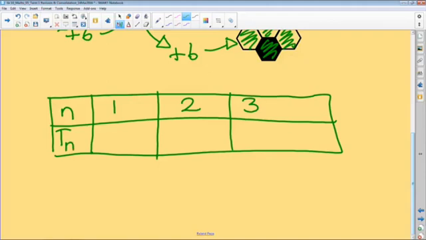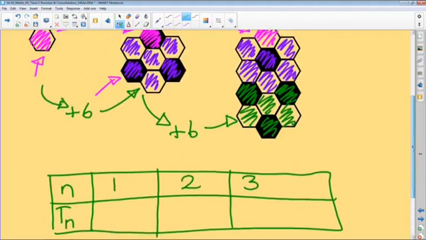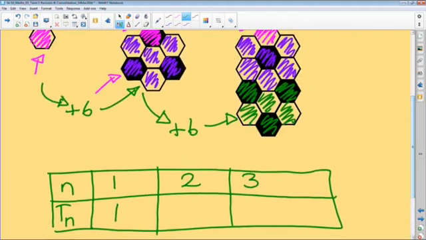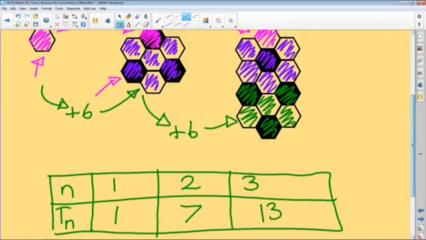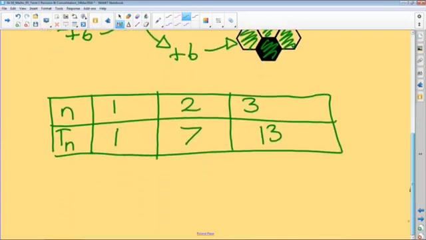In the first pattern, we had 1 hexagon, then 7, then 13. So it is increasing in sixes. There, plus 6, and there, plus 6.